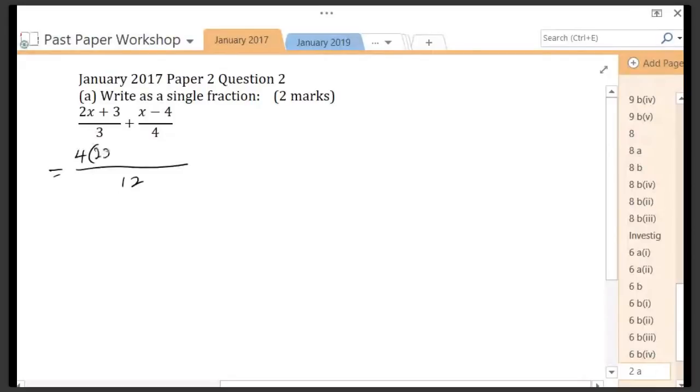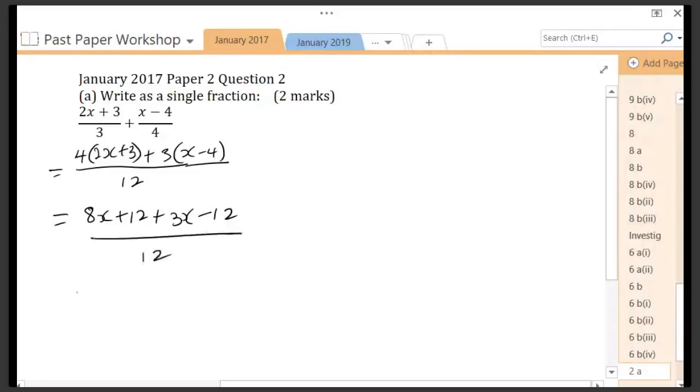So this is 2x plus 3. Then 12 divided by 4 is 3, so this is 3 multiplied by this numerator here, x minus 4. Okay? So let's expand the numerator. 4 2s are 8, so this is 8x. 4 multiplied by 3 is 12, plus 3x minus 12, all over 12.